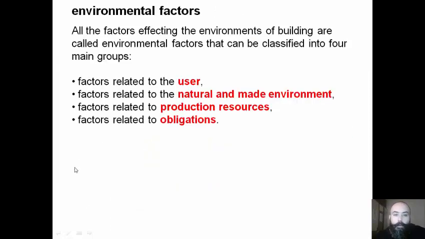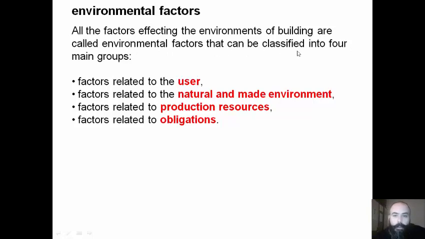So, we need to look for the environmental factors. The design stage must always start with the analysis of environments. All the factors affecting the environments of the building, the indoor environment, the outdoor environment, the building itself, the envelope of the building, they are called the environmental factors.